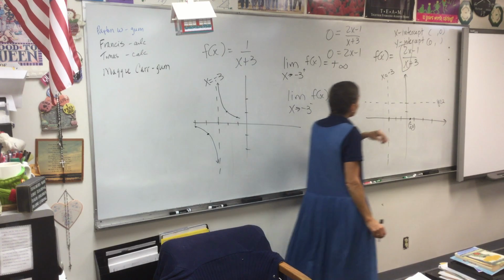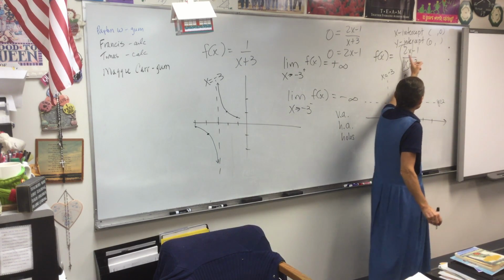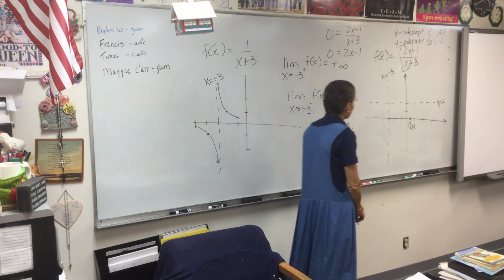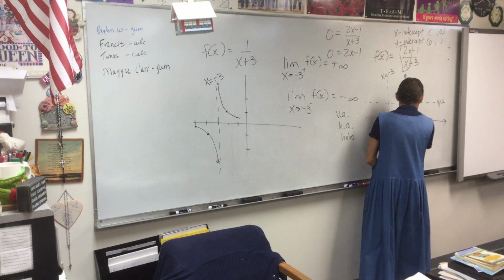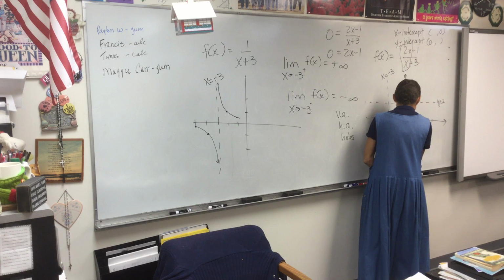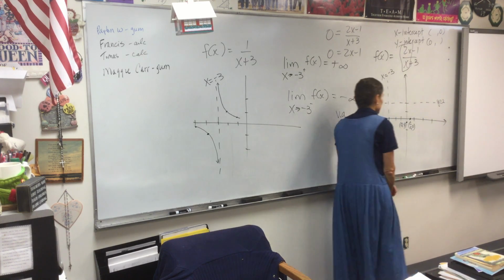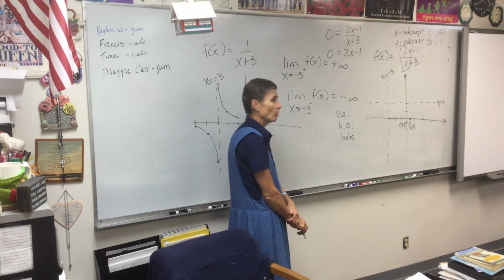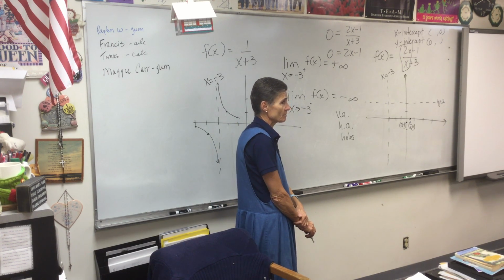Now we'll find our Y-intercept by letting x be 0. So what do you get when you plug x in there? Negative 1/3. Does that help at all? Do you have any idea what this picture looks like?